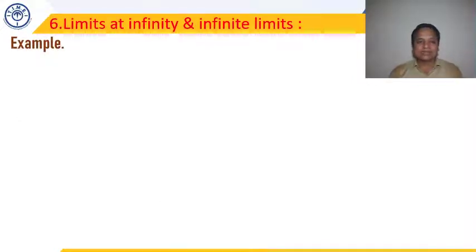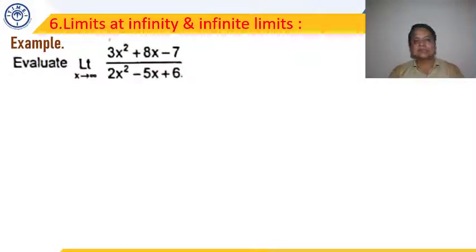Now sixth, limits at infinity and infinite limits. How do we solve these? Suppose we have to evaluate the limit of 3x square plus 8x minus 7 upon 2x square minus 5x plus 6, x tending to infinity. If we directly put x equal to infinity, it's an indeterminate form, infinite by infinite.